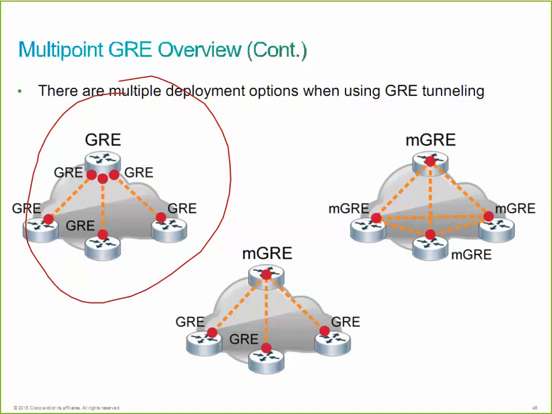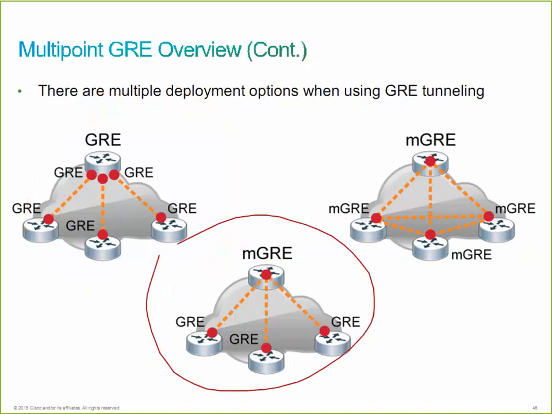All right? In the middle diagram, we see this multipoint GRE interface. So only a single interface is required at the hub, but we still need all of the single GRE interfaces on the spokes. And in addition, we have to deploy NHRP for the hub so that it can learn about the spoke addresses and correctly provision the spoke to hub GRE tunnels.